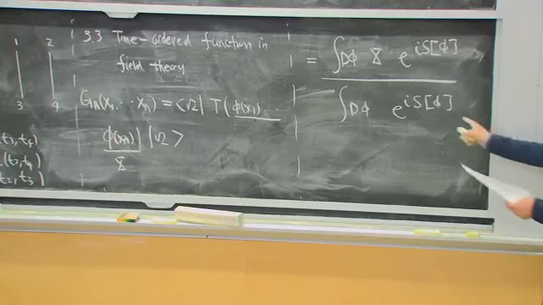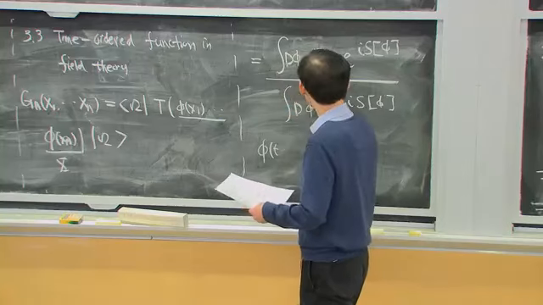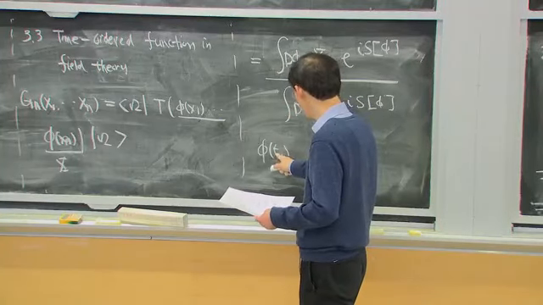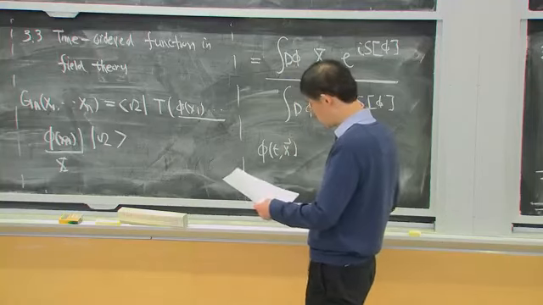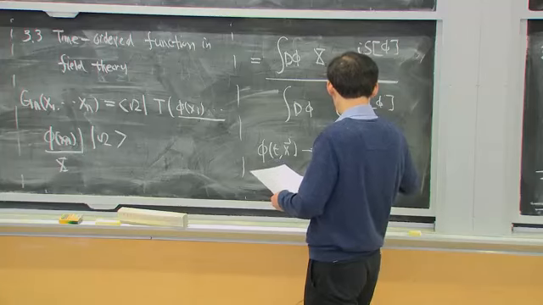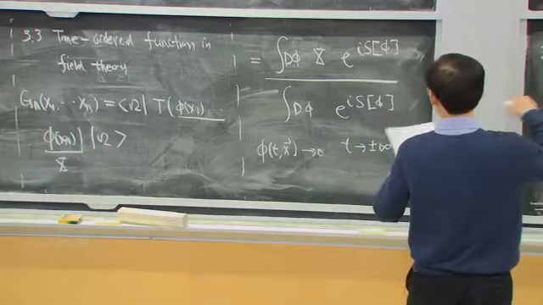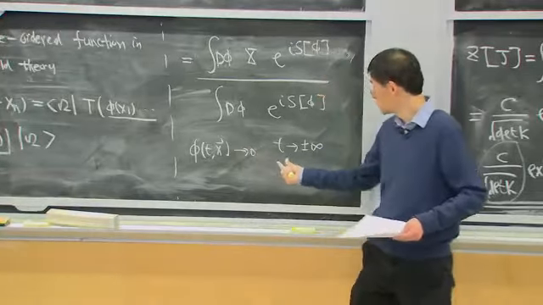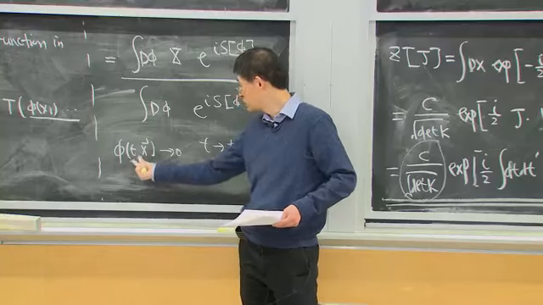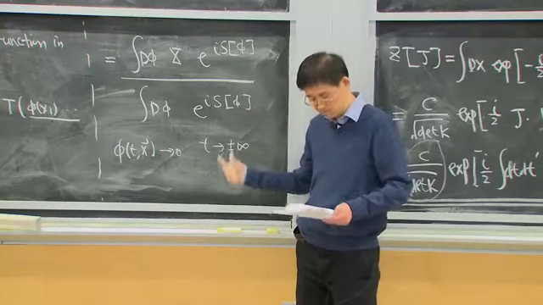And now the boundary condition is that when you do this path integral, with t going from minus infinity to infinity, phi of t, x should go to 0 for t plus or minus infinity. That's the analog of the previous condition for x equal to 0. Remember, the x here is just a label, and for each variable we require it to go to 0 at t equal to plus or minus infinity.